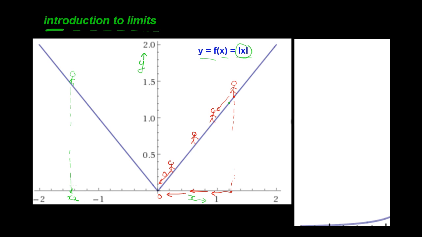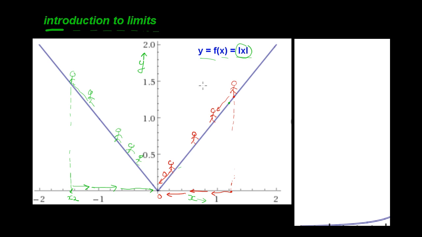Now, as we move this x value here, what happens to this person? He moves down. Now he reaches here. As he moves further, he reaches here. As this x approaches 0, our person on the function approaches the position 0.